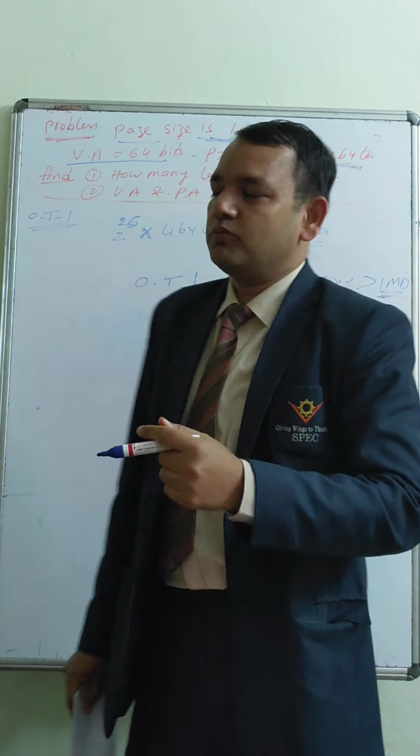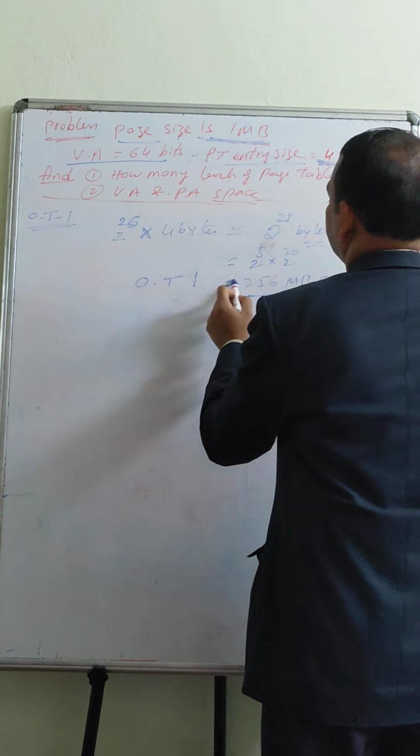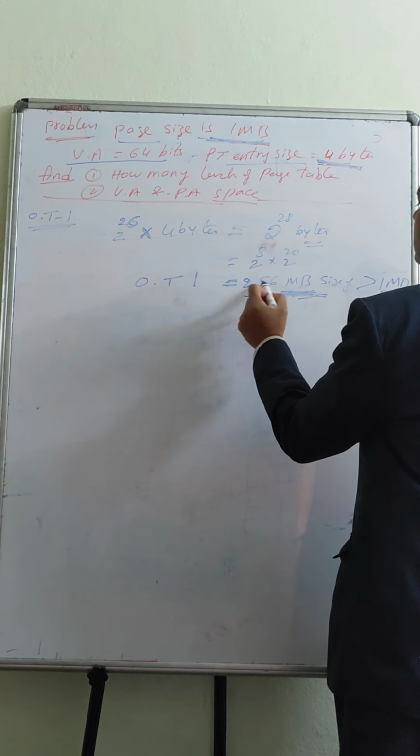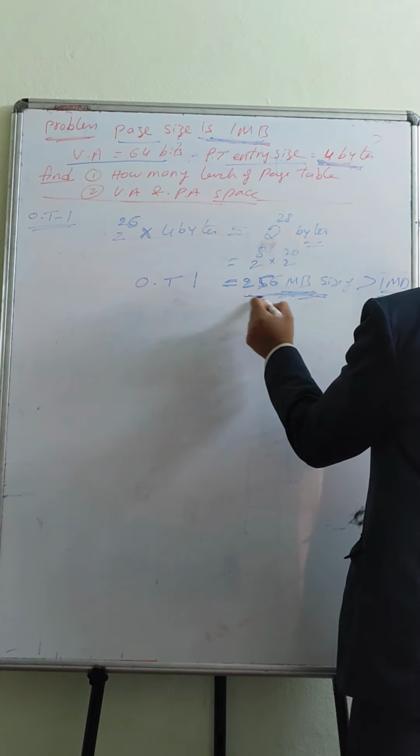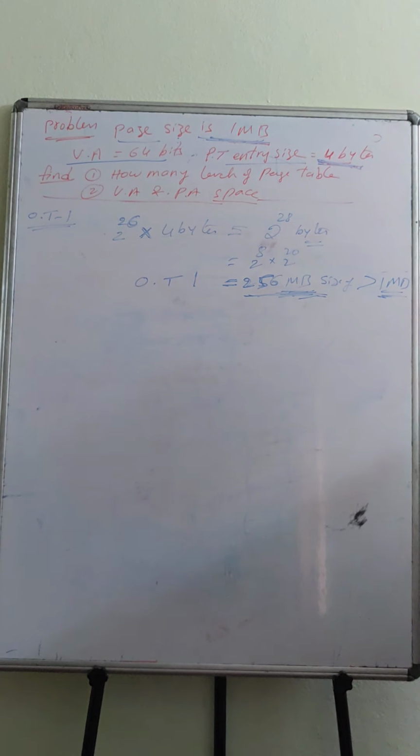Okay, now we'll proceed further. This is very big, so we need to divide this page table once again into a secondary page table. Now we divide it into a number of pages.